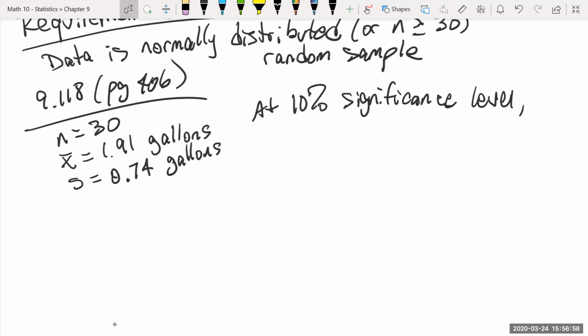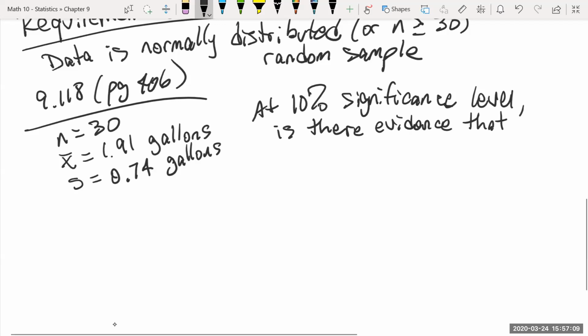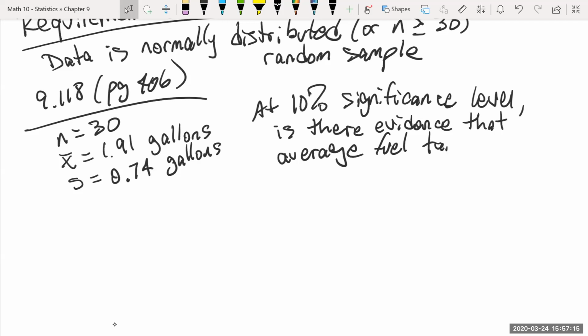So at 10% significance level, is there evidence that average fuel tank capacity is less than 2 gallons?